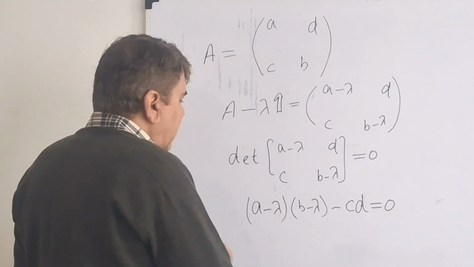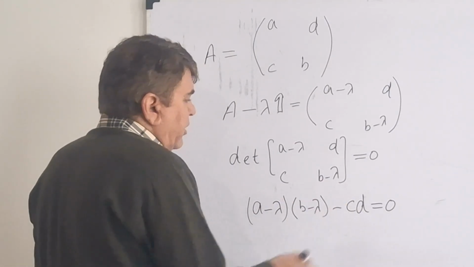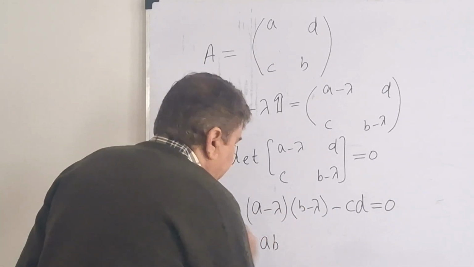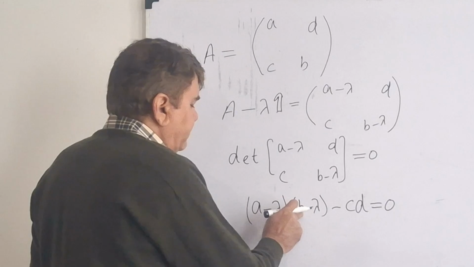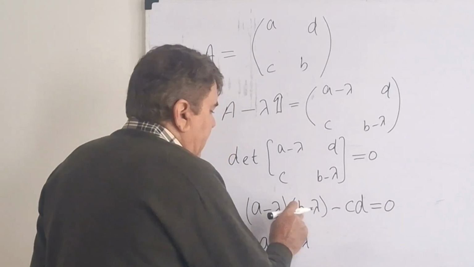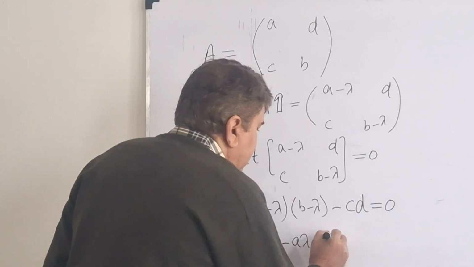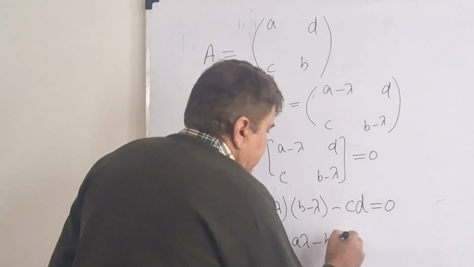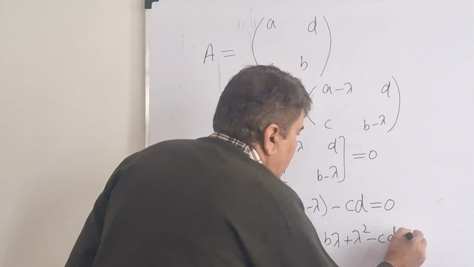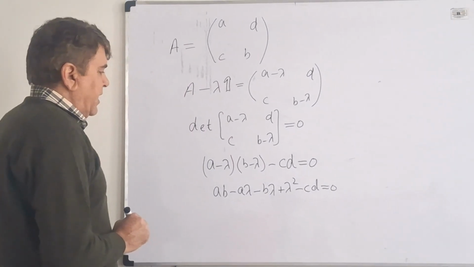I can put this equation into another very useful form. That is, if I remove the parentheses, I get A times D minus A times lambda minus D times lambda, and then plus lambda squared minus BC equals 0.